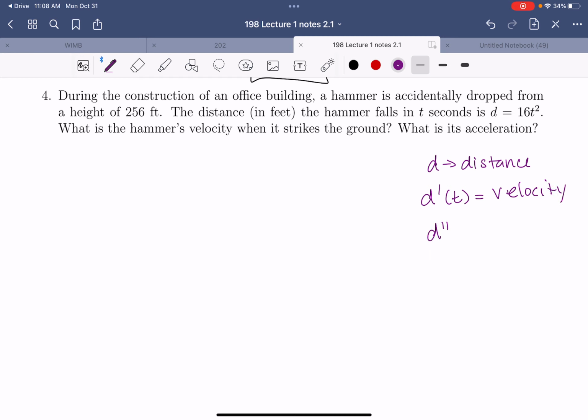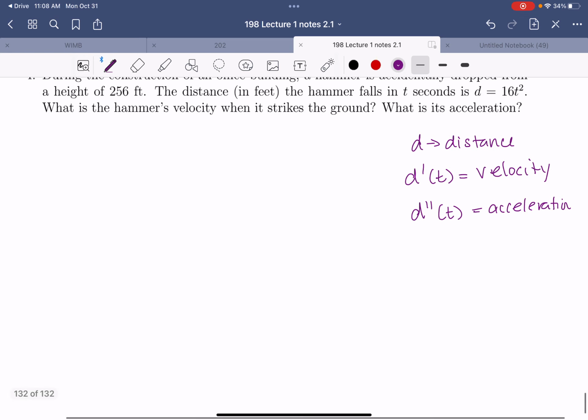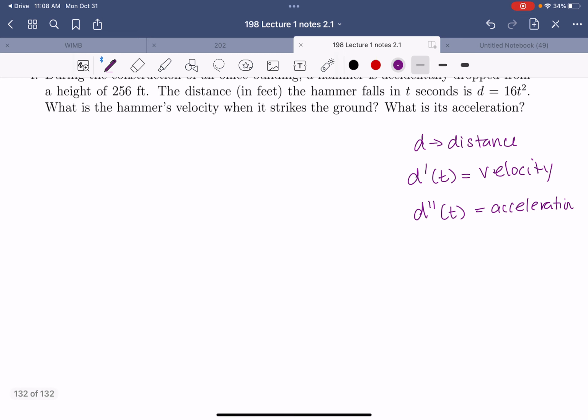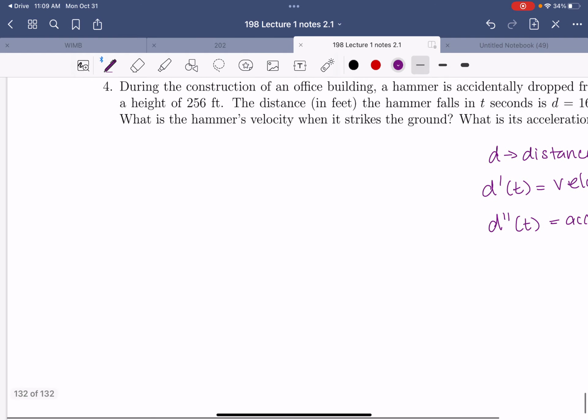And the second derivative of d is the acceleration, the change in velocity.